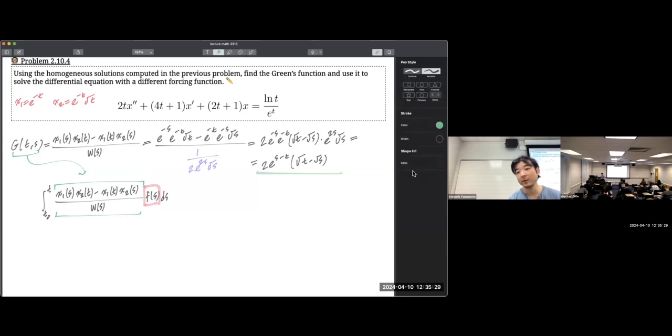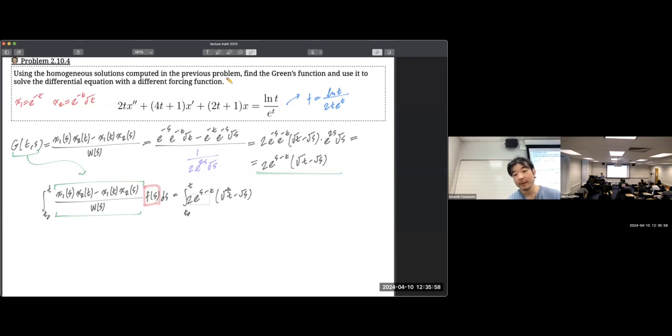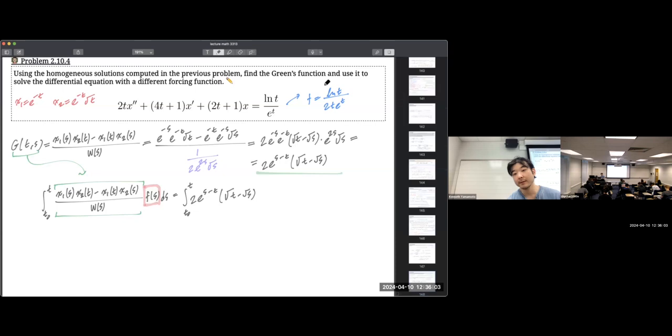This f of s is equal to, well, we've got to be careful what the f of s in this problem is. So the f in this problem is going to be ln of t over 2t e to the t, because you're just dividing by this 2t. So this is my f. And so all that you're doing is you're getting this integral from t naught to t of this Green's function, which you just computed, multiplied by this f.